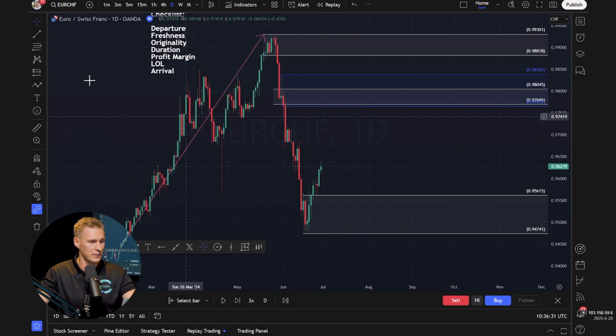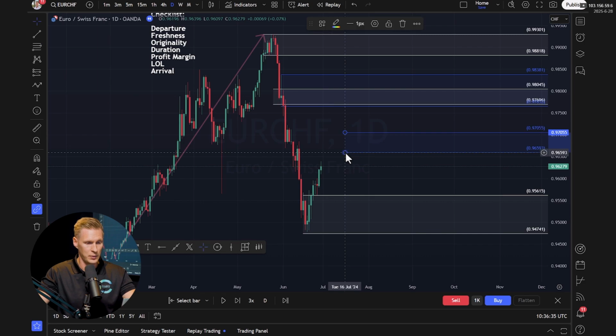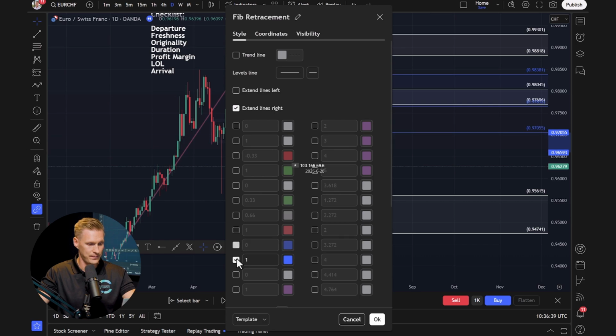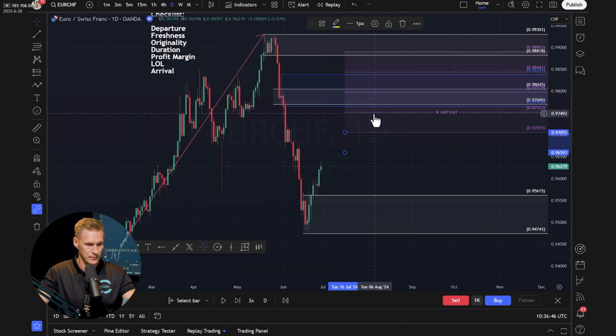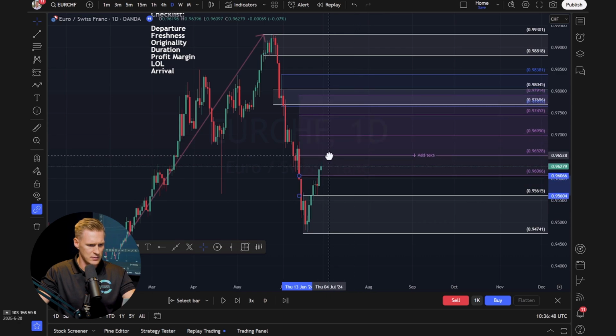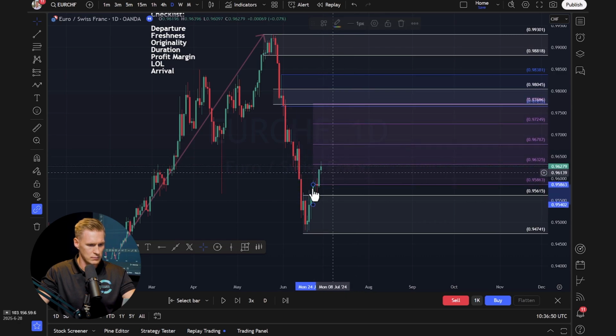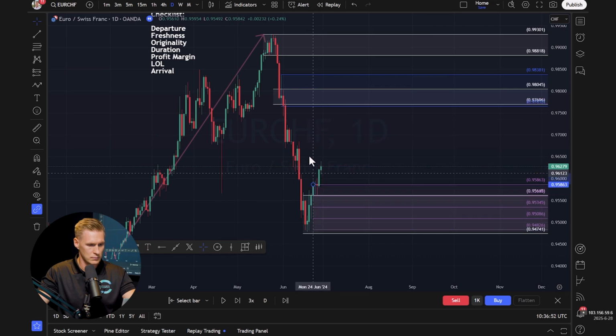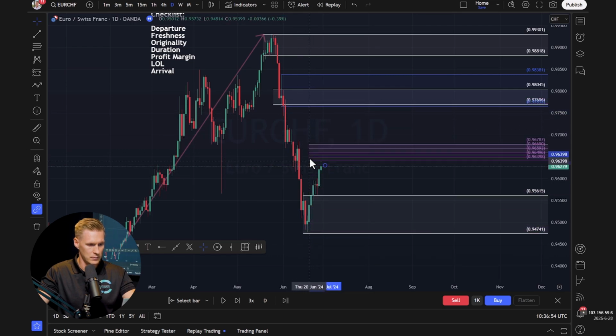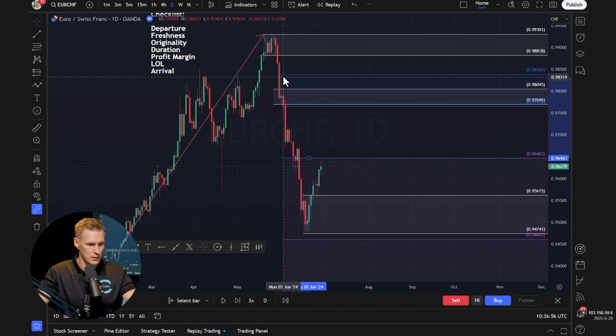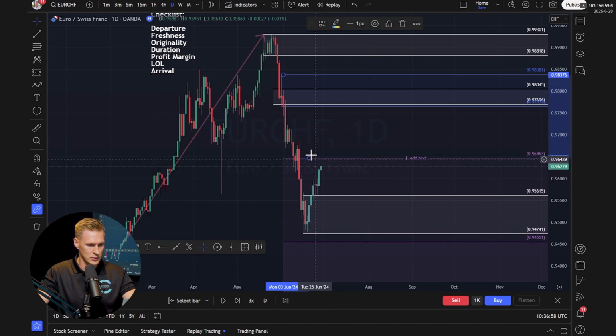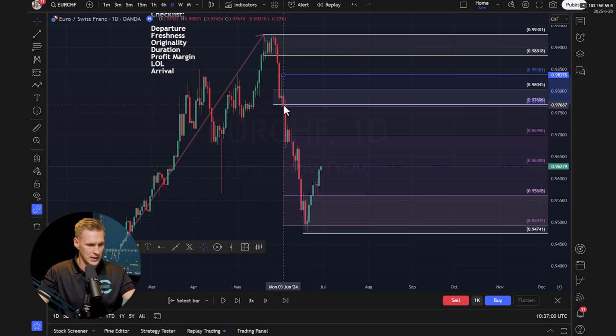Profit margin. Let's check the profit margin together, and I will add again the Fibonacci tool. I just have to change the settings. I will add 4 hours to move this. Oops. Okay, from here to this one here, right?